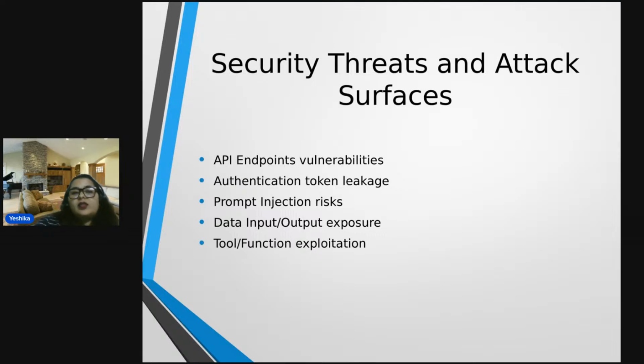Coming to the second very common vulnerability, or attack surface, that you may face: authentication token leakages. This usually happens while providing responses to any particular query. As I mentioned, the query and prompt have a difference.